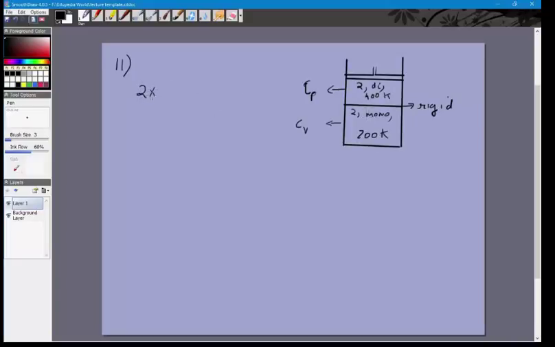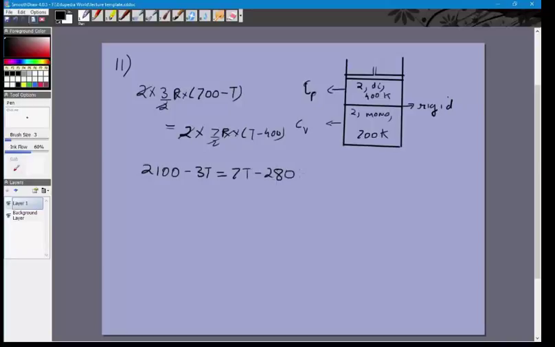So we will get 2 into CV for the lower part, which is 3 by 2R, into 700 minus T. This will be equal to the heat absorbed by the upper part, which is 2 into, and now we'll use CP for the upper part, which is 7 by 2 R into T minus 400. 2 and R cancel, so what we get is 2100 minus 3T is equal to 7T minus 2800, or 10T is equal to 4900, which means T is equal to 490 Kelvin, which means the answer is option D, 490 Kelvin.